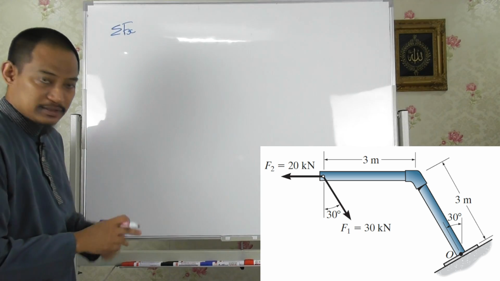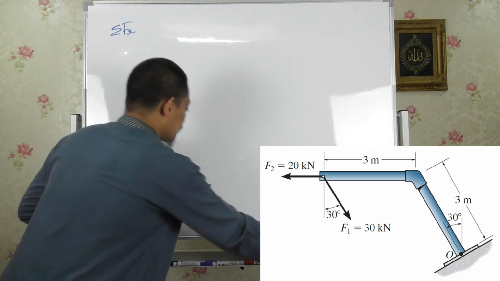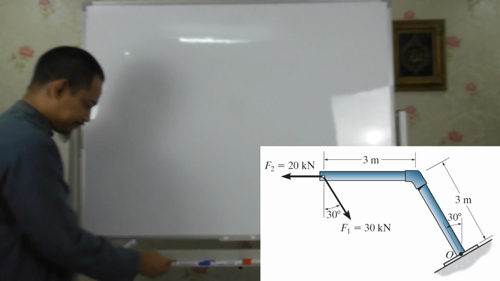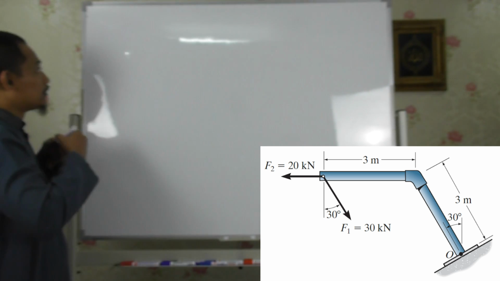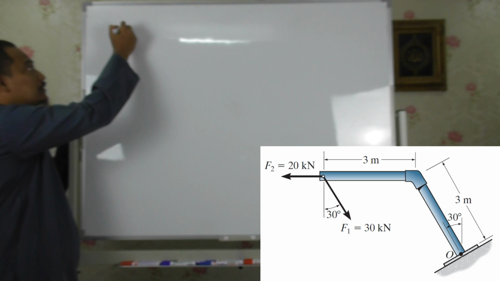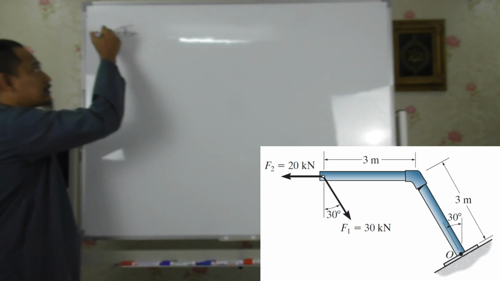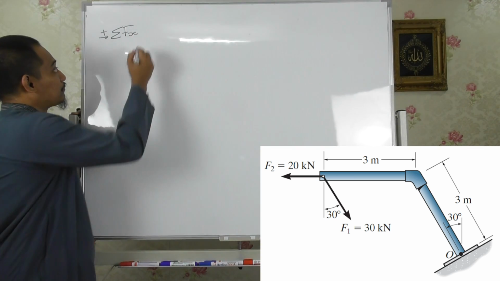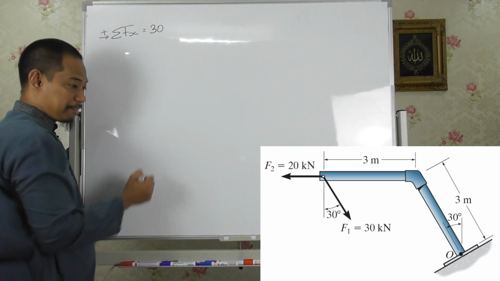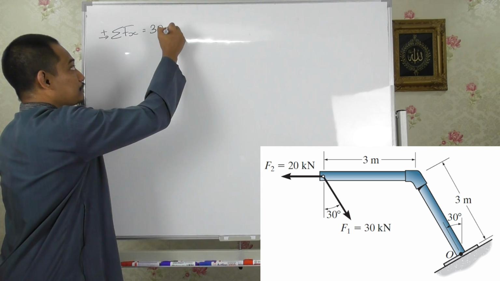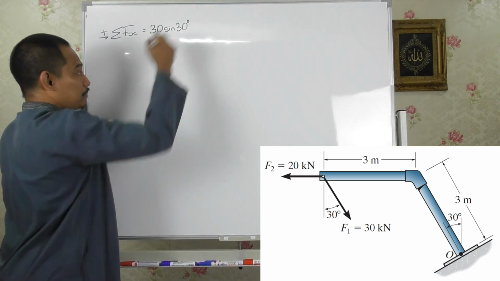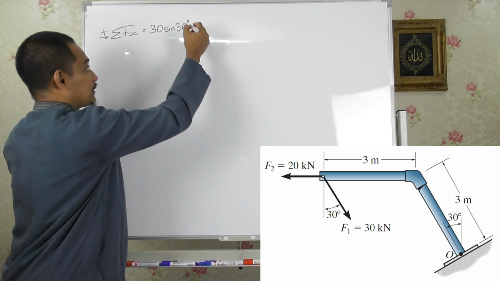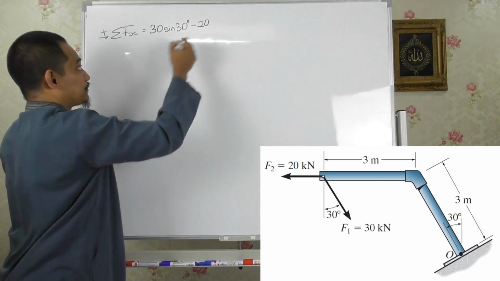hopefully this color is clear. Maybe I'll try to use a different color. So if you do summation of Fx, taking to the right as positive, for F1 we have 30 sine 30 degrees to the positive, and then for F2 we have 20 to the negative side, so minus 20.